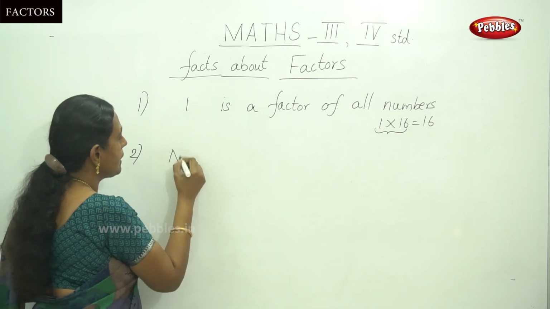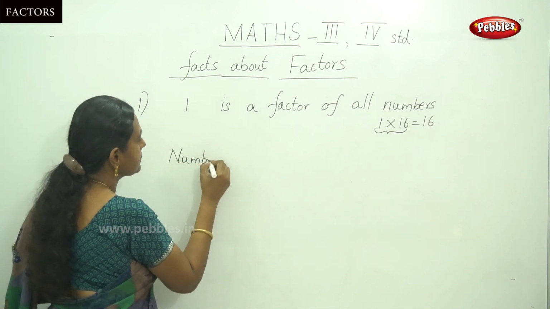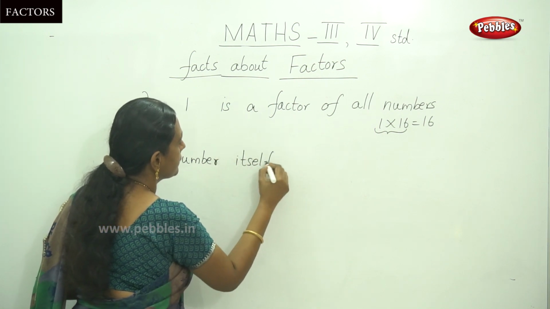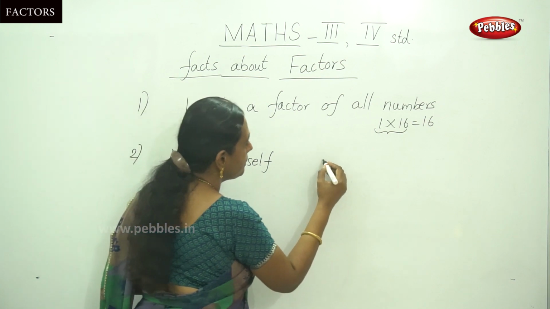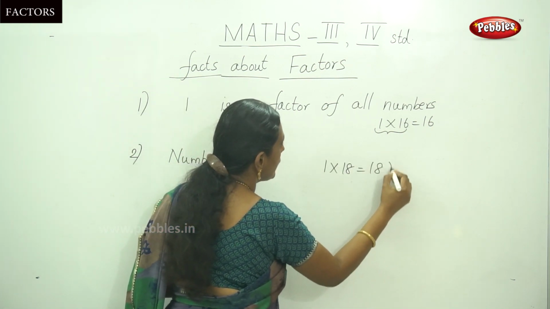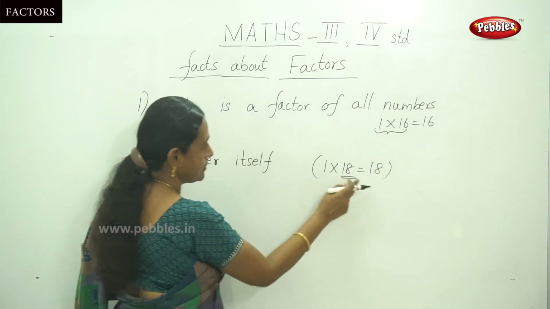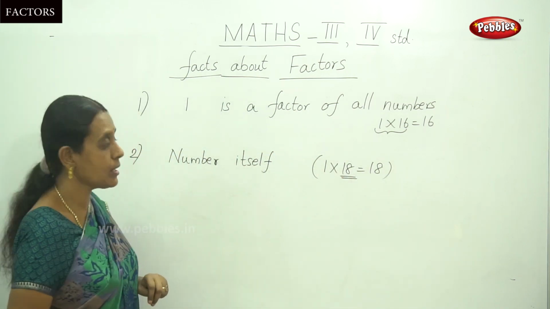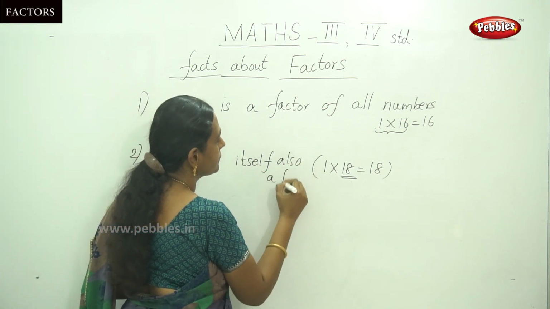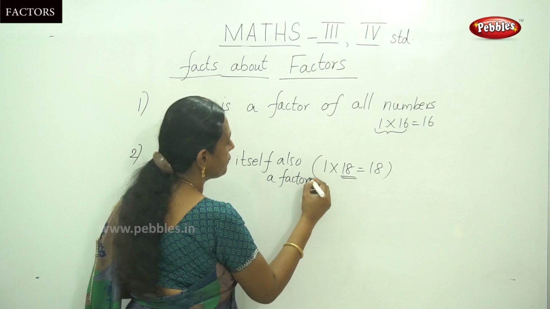Here 1 times 18 is equal to 18, so 18, the number itself, is also a factor. This is the second fact.